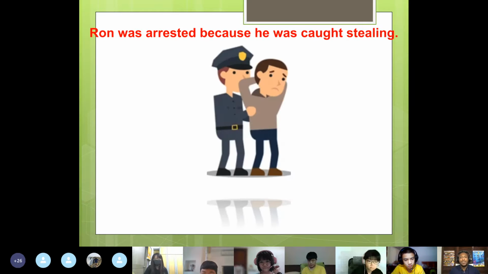All right. Ron was arrested because he was caught stealing. All right, Ray, what do you think? Ron was arrested because he was caught stealing.